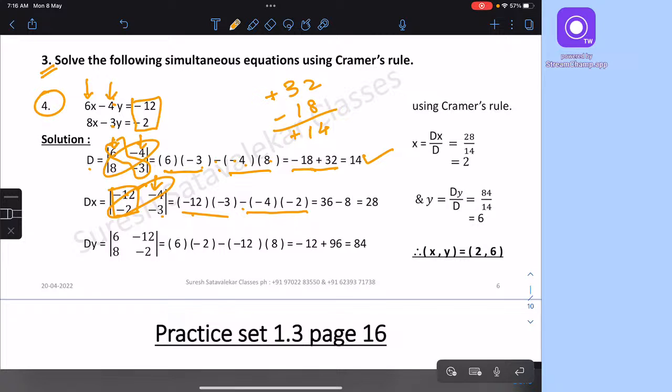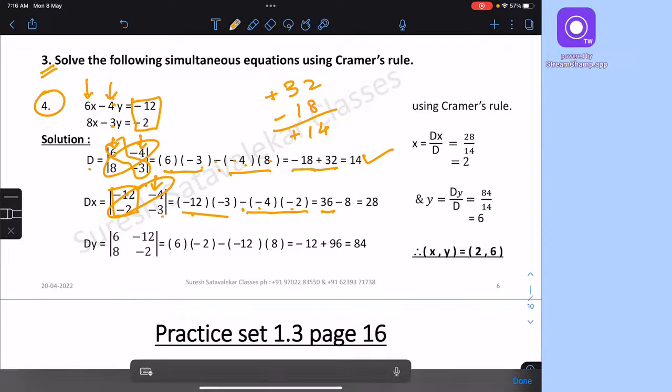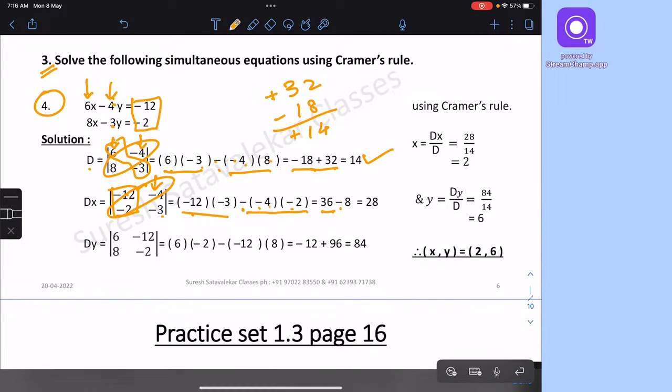So minus 12 into minus 3, minus into minus is plus, 12 3s are 36. Then you are having minus into minus, that is plus, and again into minus, that becomes minus. So here is minus sign, 4 2s are 8. 36 minus 8, that comes out to be 28.